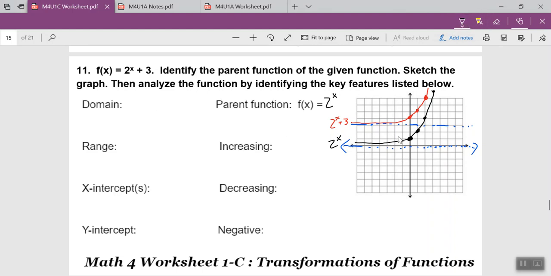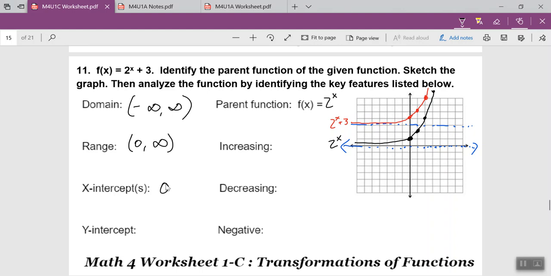Now this graph goes on forever to the left and will keep going forever to the right. So it will do that. The range never quite touches 3, but it does go up. And so we're going to do that with the range.